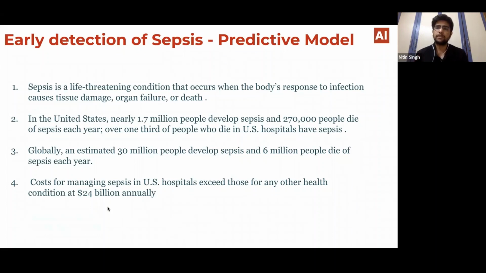They are developing models or packages to plug into hospital systems. So sepsis in itself is a very big problem, and for the next 2 to 3 slides, we will be talking about sepsis only.